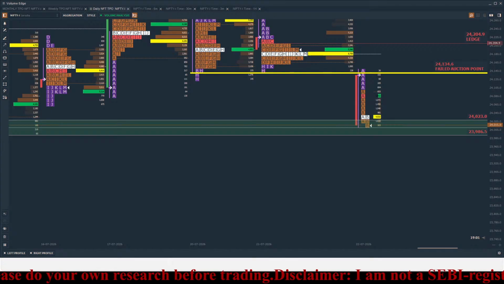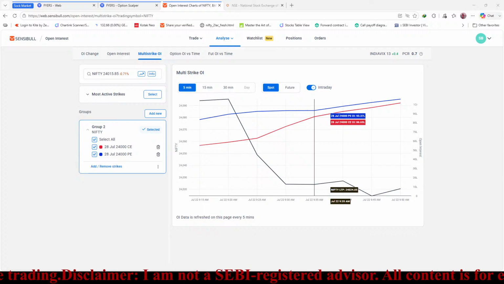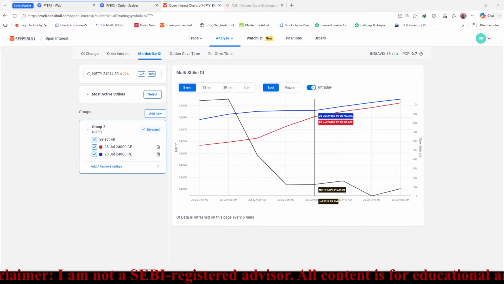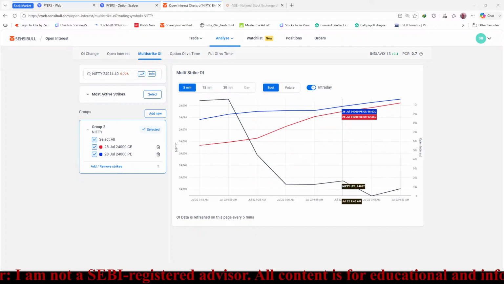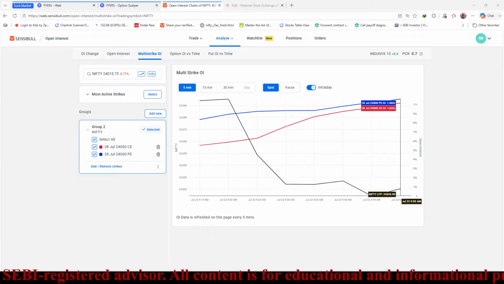The 24,000 put options and call options are both running behind it. I could say this from the chart view. You can see how the channel is built, properly from this location: 93 lakh, 83 lakh, 98 lakh, 92 lakh, and if you come here 1 crore and 96, and here 1 crore and 1 crore both.